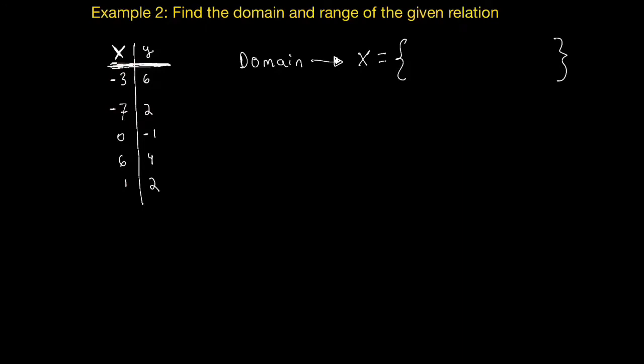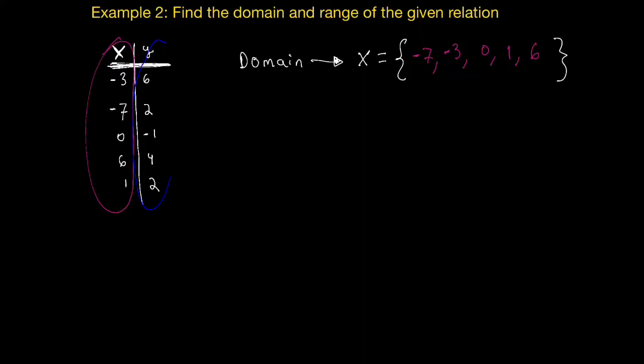Again, we put them in order from least to greatest. The smallest one here is -7. So let me write it here in pink. -7. Then the next smallest one is -3, followed by 0, 1, and 6. This is the set of all of my x values. That's my domain.